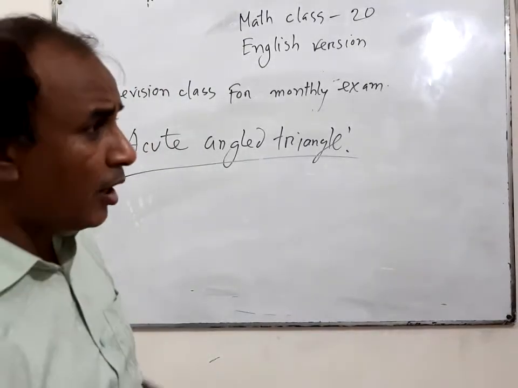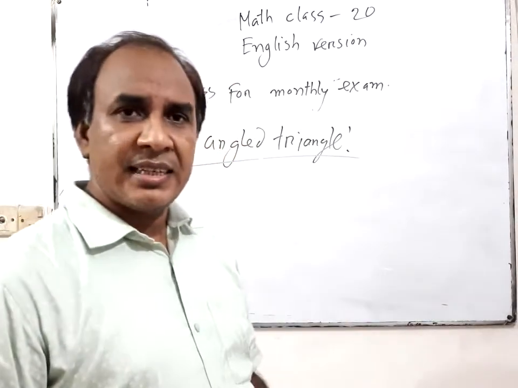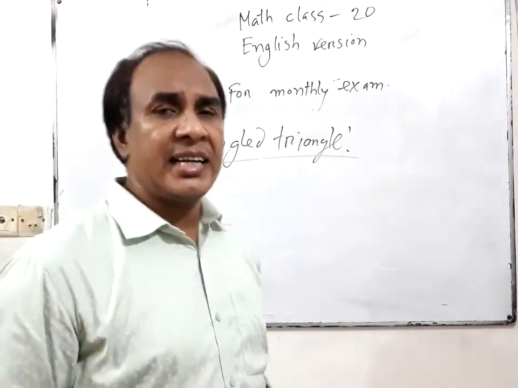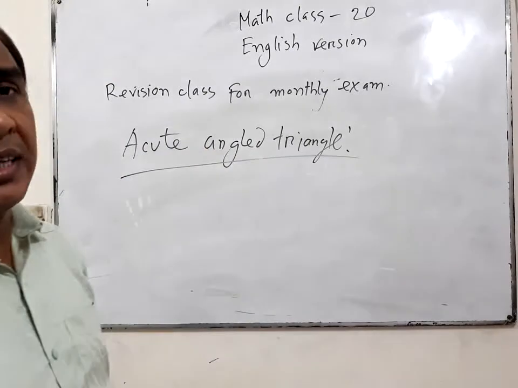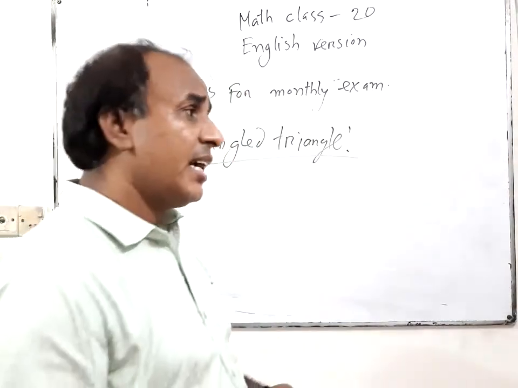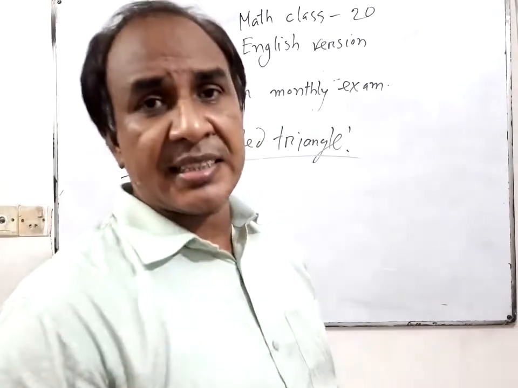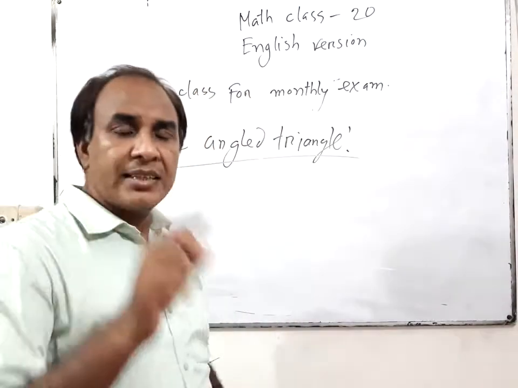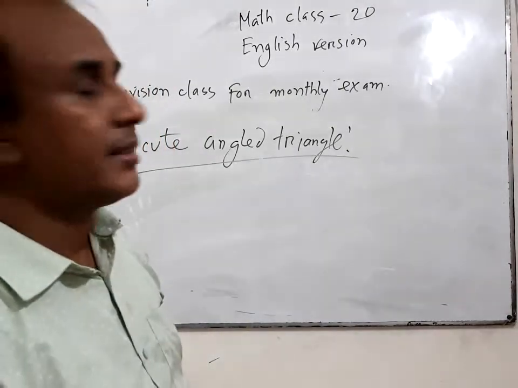That means from 1 degree to 89 degree all angles are acute angles. So the smallest acute angle is 1 degree and the greatest acute angle is 89 degree. This thing we have to keep in our mind. Okay?